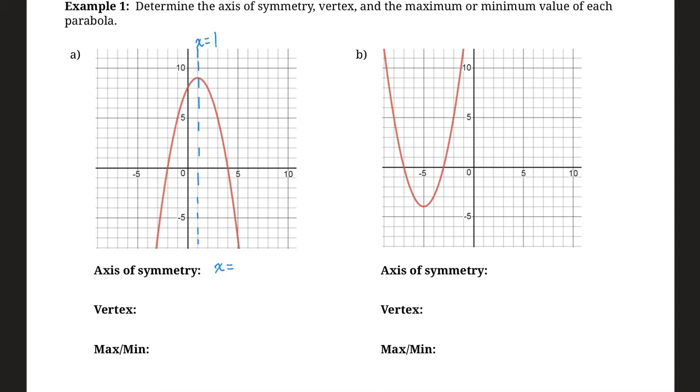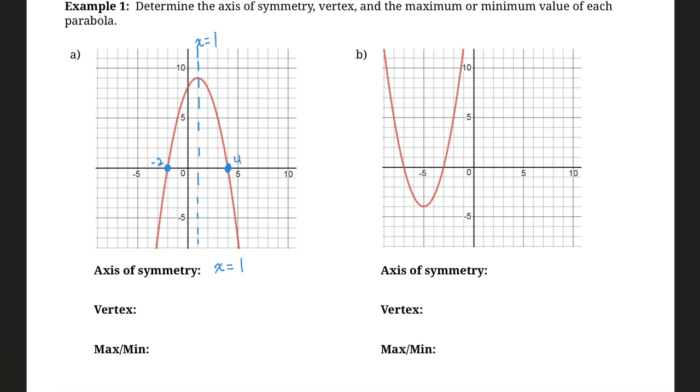Another way to find the axis of symmetry that might be a little bit more accurate, if in your graph it's not so clear, is to pick 2 points on opposite sides of the parabola. This is often going to be the roots, but you could pick other points. In this case, our roots or x-intercepts are -2 and 4.